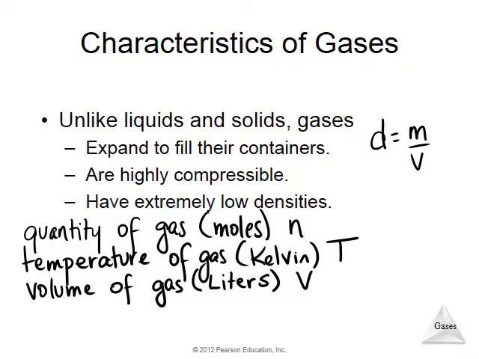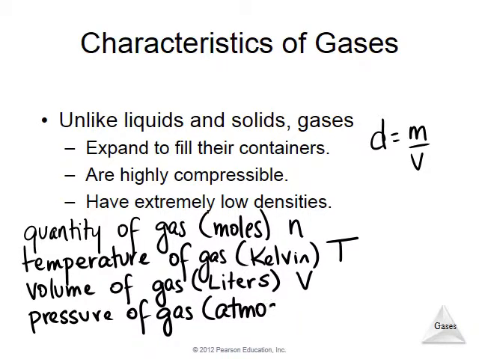The last characteristic of gases, and actually the first one that we're going to talk about, is the pressure of a gas. We usually measure pressure in atmospheres, and we abbreviate that atm. I think I mentioned that to you last year.